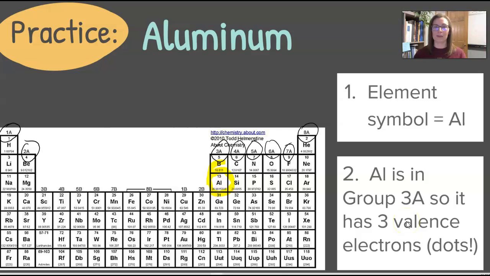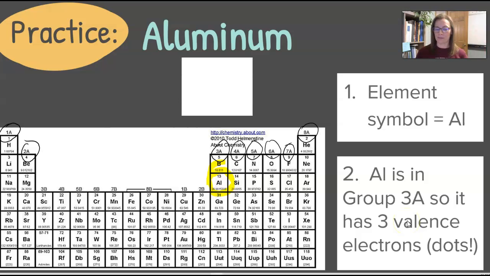That means we need 3 dots around the symbol. So we'll go back up here and write our element symbol Al, and then we'll make some dots. 1, 2, 3. Now notice I'm going around first. I'm not pairing them up right away.